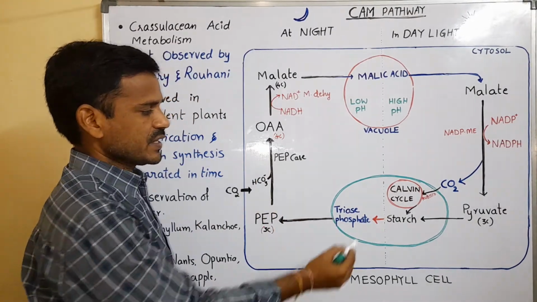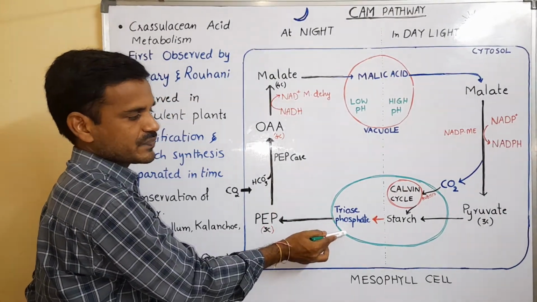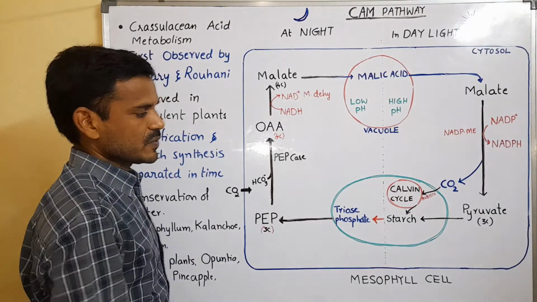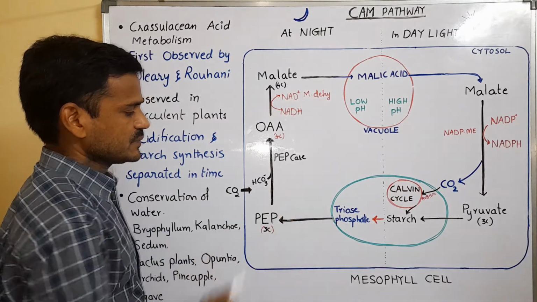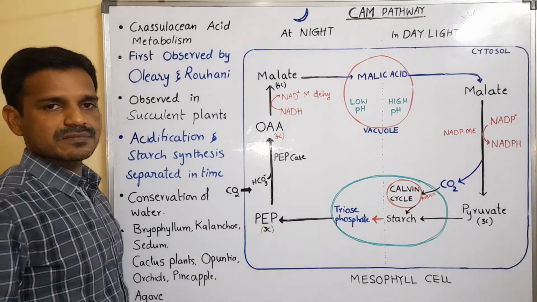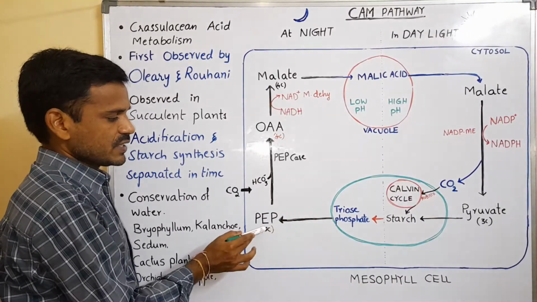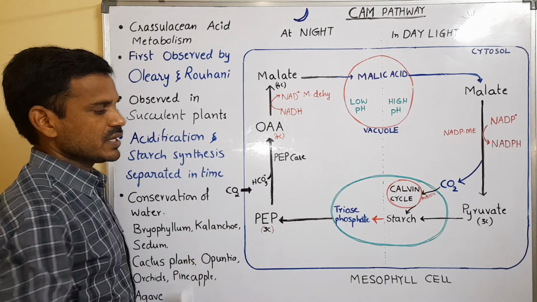Starch produces the triose phosphates in the night time. This triose phosphate is converted into phosphoenol pyruvic acid during the night time.